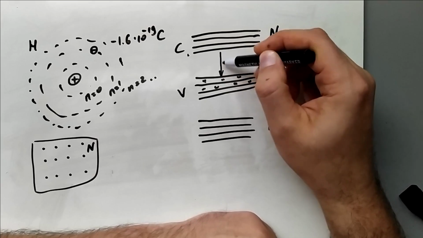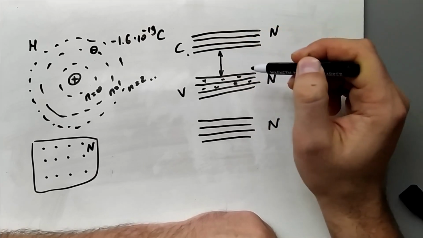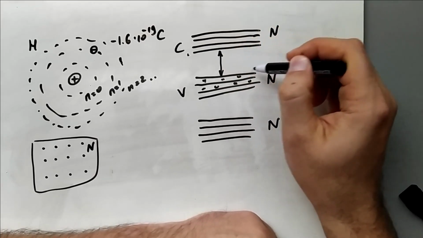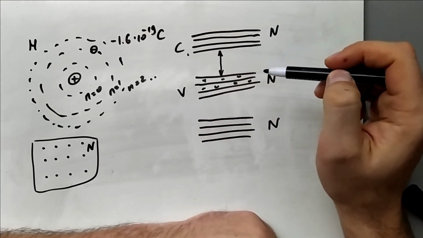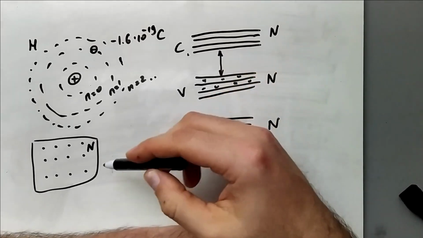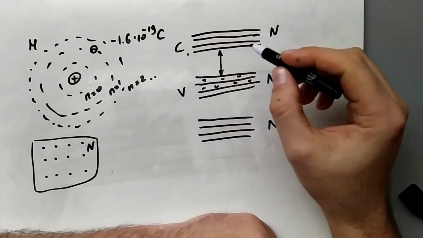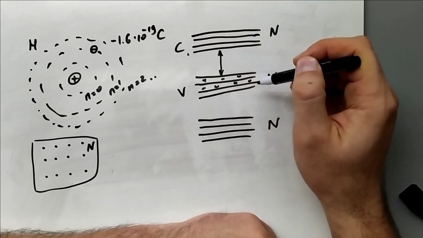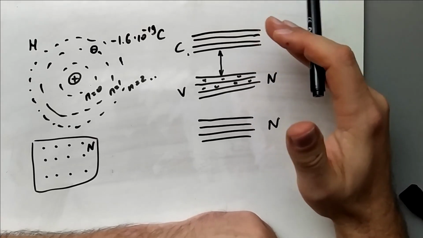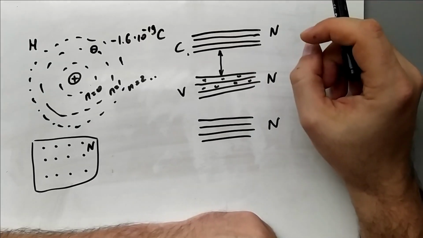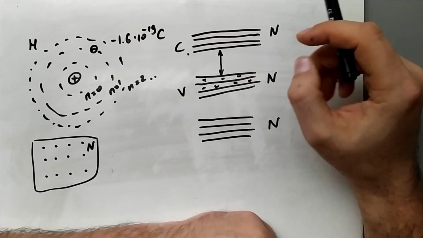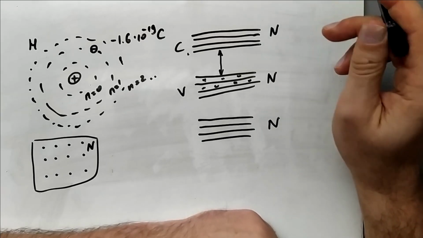And this gap here is a gap of forbidden energies. Here there are no energy levels allowed from quantum principles in the atoms which form this solid material. This gap will or will not be there, depending on the type of atoms which form the crystal structure and the crystal structure itself.